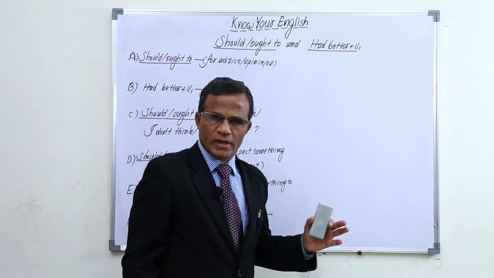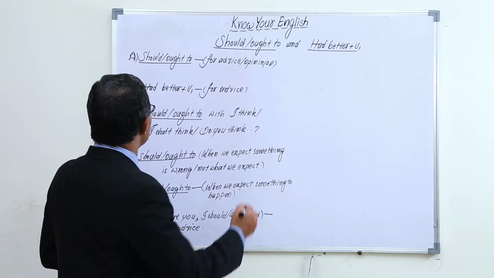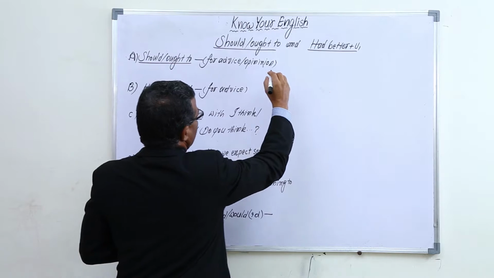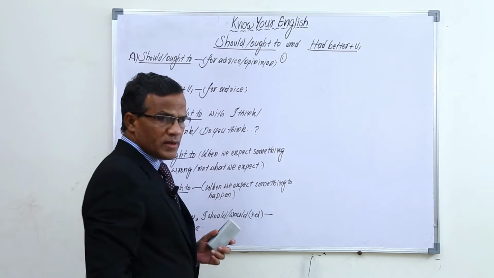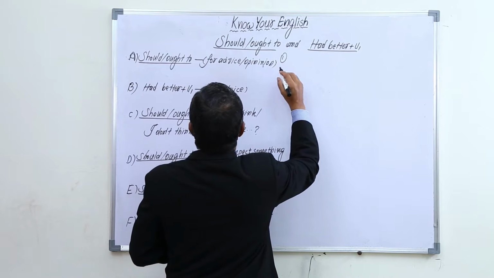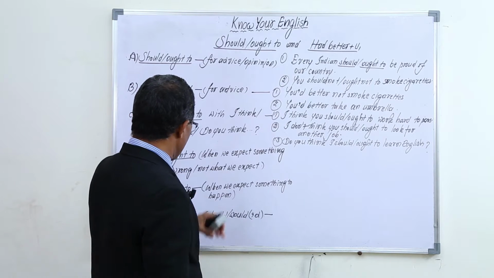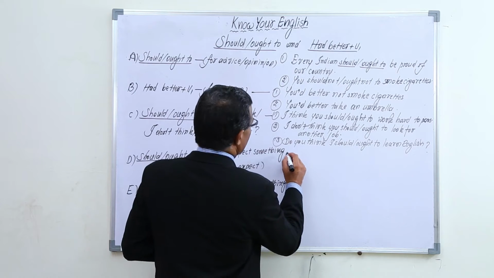Now I'll give examples for each structure also. Should or ought to for advice or opinion. I'll give two examples each. And should or ought to when we expect something, or when something is wrong or not what we expect.